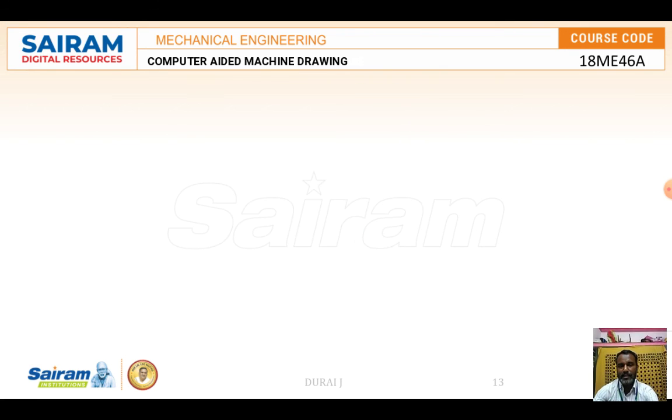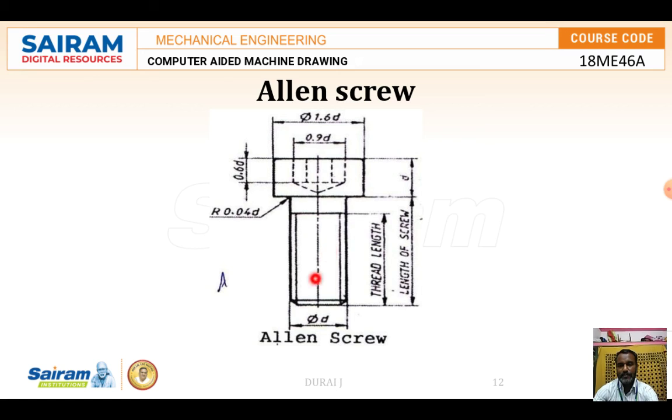Whatever diameter is given over here, the same diameter is maintained for the height of the screw head in the Allen screw. Okay, the hole size they are going to maintain as 0.6d. With the help of this formula, we have to remember these values, calculate them, and we can draw the Allen screw over here.